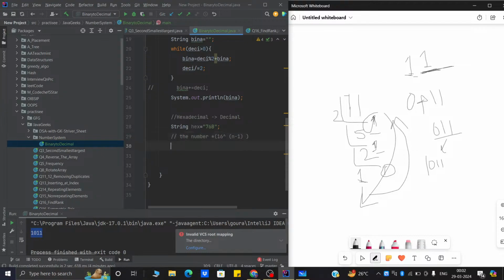Isn't it? Yes. Okay, so now we'll take hexa answer equals to 0, let's say.